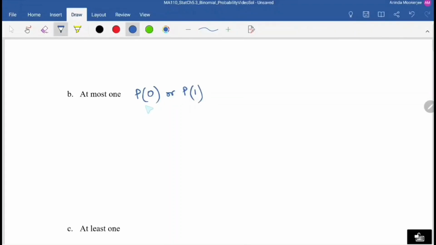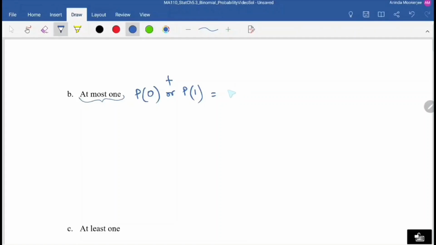Probability of 0 people alive or probability of 1 person alive would be covered by at most 1. So this time, of course, or means add. Remember, the special addition rule still applies here.